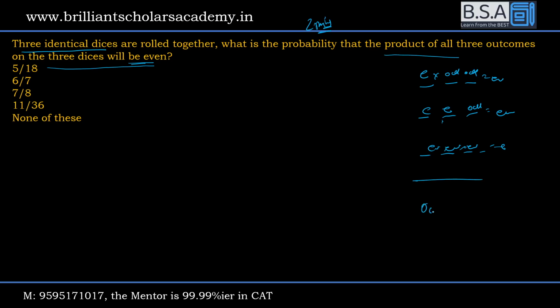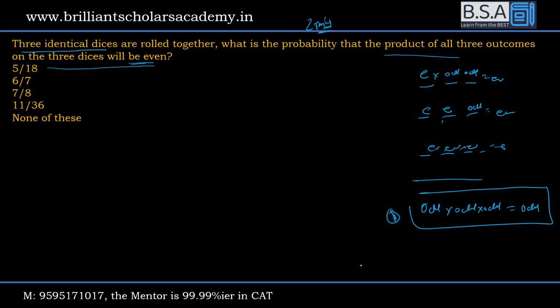When you have odd, odd, odd, it is always odd. ये नहीं होना चाहिए. This must not happen.